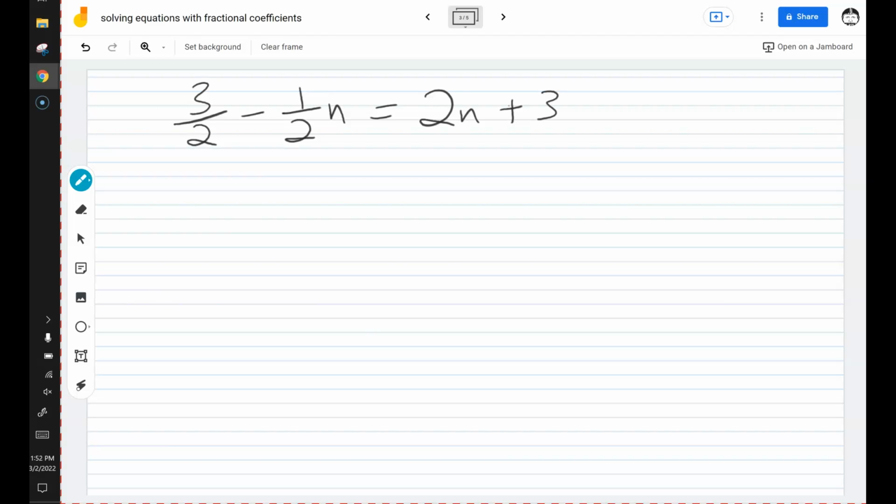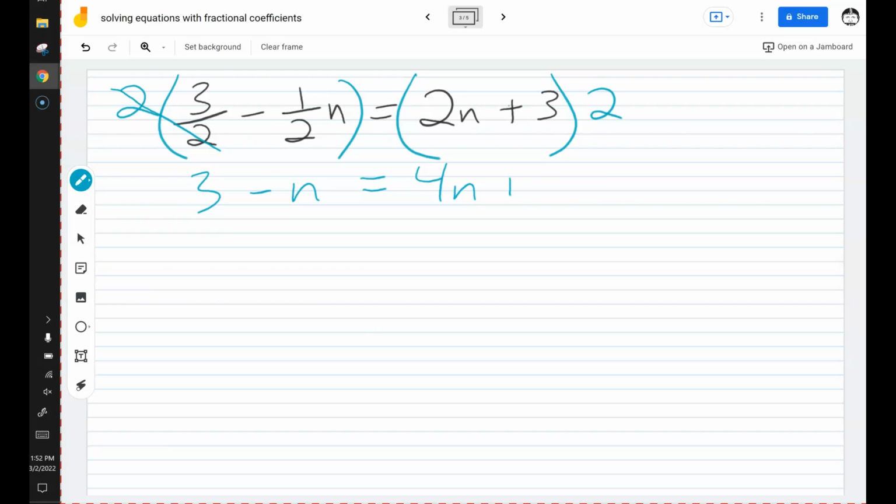This time we've got 2's, we've got halves, so we're going to multiply away those halves by multiplying everything by 2. 2 times 3/2 is 3. 2 times negative 1/2 is negative 1n. 2 times 2n is 4n. 2 times 3 is 6.